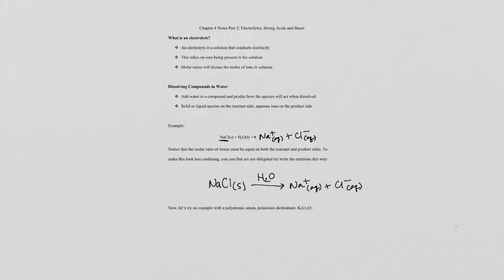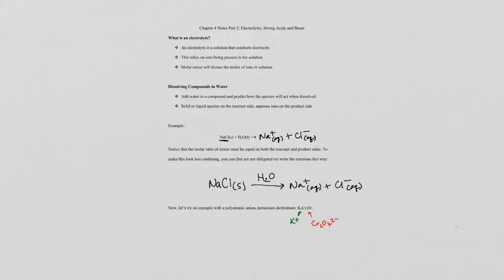Now, we can do this with a polyatomic anion as well, and we can do it with potassium dichromate. And just remember to identify potassium dichromate, right? We look at the two parts, so we have the positive side of potassium and the negative side of dichromate, right? So that Cr2O7, that in and of itself is a polyatomic anion. If you have not seen that before, now you've seen it, good for you.